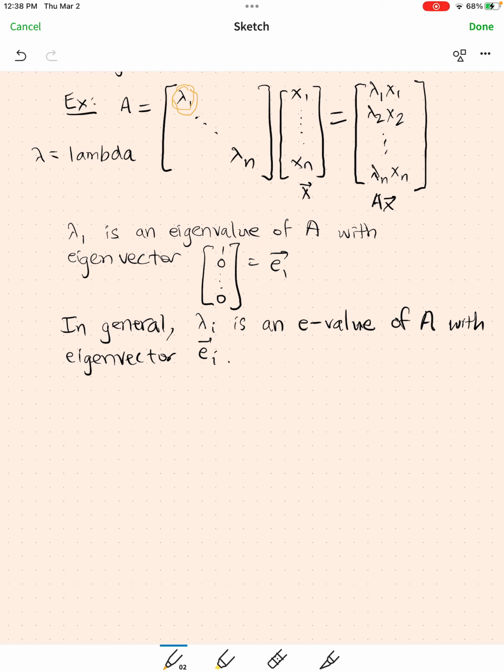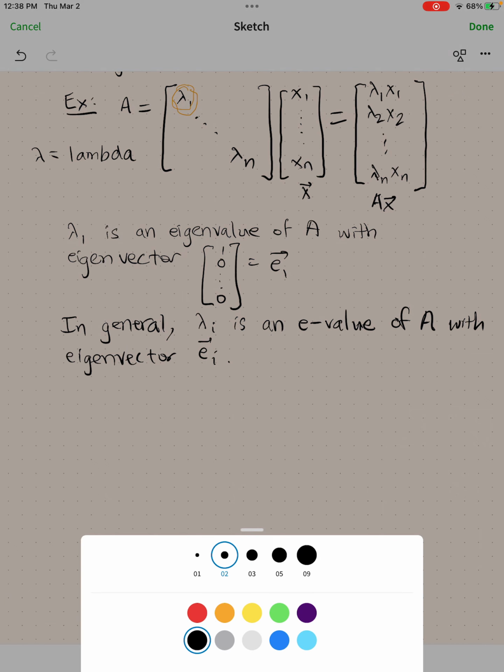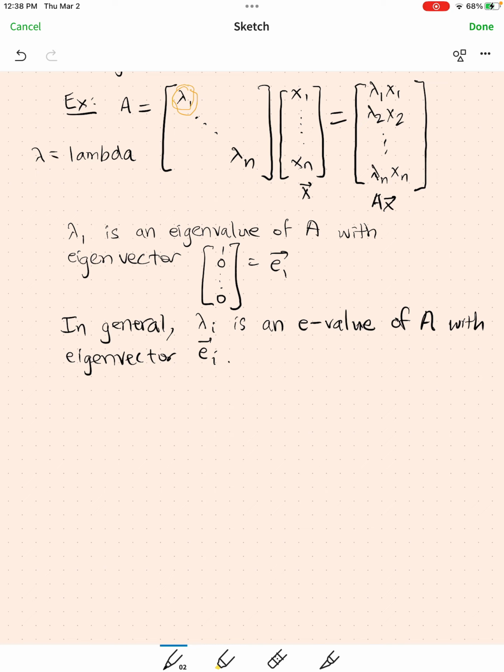Now, are there any other eigenvectors? Well, if you think about it, how about 5e1? Can I just write that down? If I have 5e1, so A times 5e1, that's going to be lambda 1 to lambda n times 5 and zeros everywhere else, right?